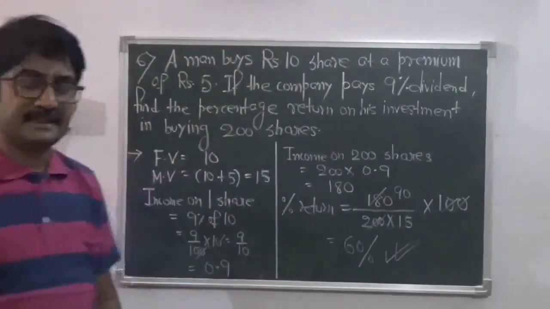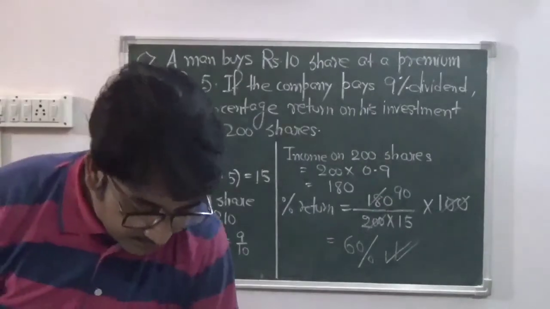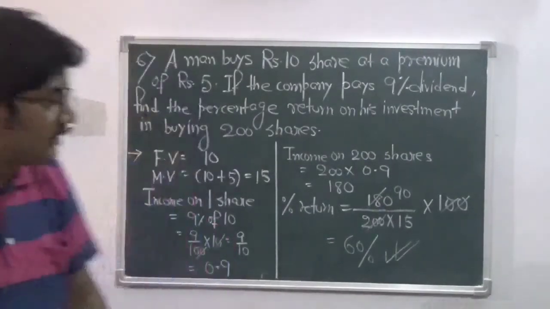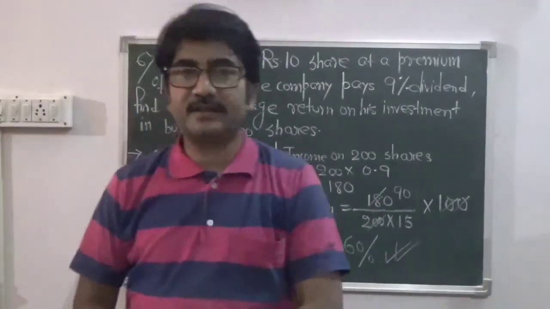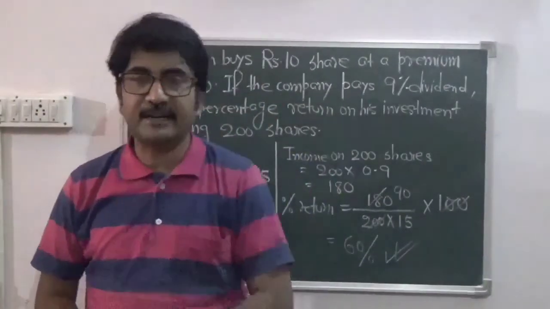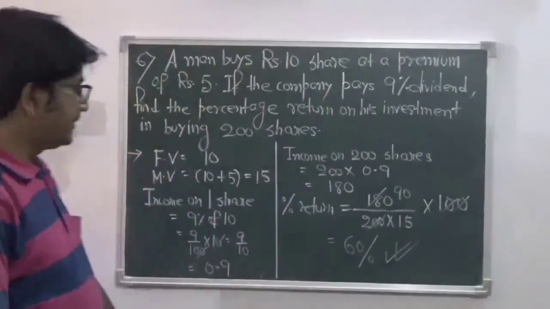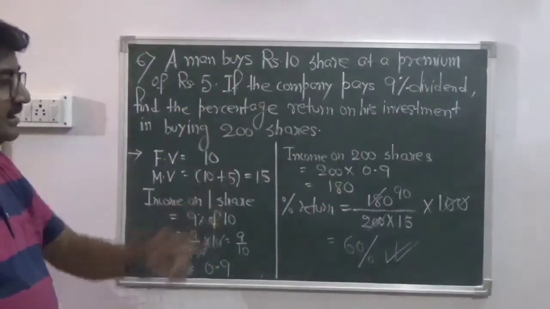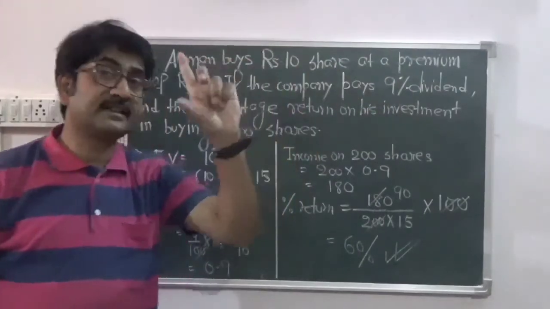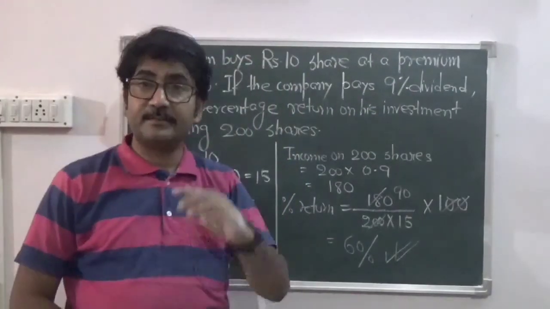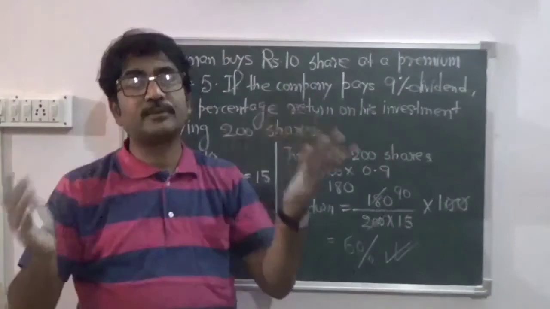So here the requirement is, whenever you have to find the percentage return, you need to know the total income and the total investment. To find the total income, you take the dividend on the face value, which gives you the dividend on 1 share, multiplied by the total number of shares to give you the total income.